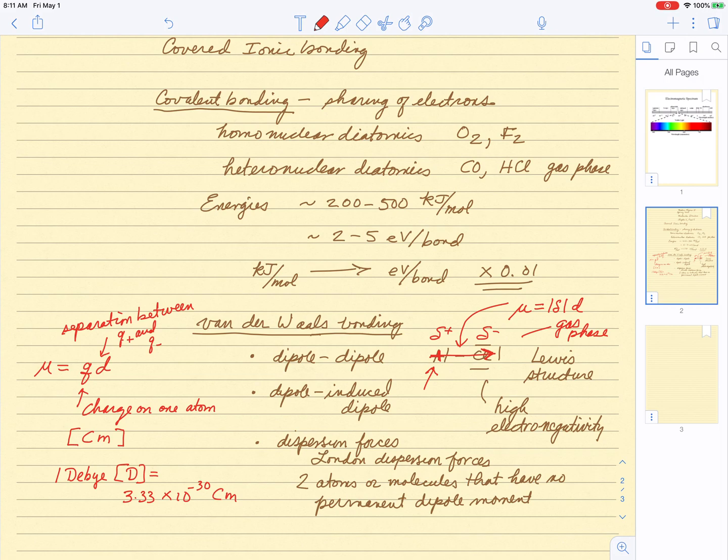Again, that's a nice unit to have stored in the back of your mind. It's easy to remember because it's all threes, right? So 1 debye is 3.33 times 10 to the negative 30 Coulomb meters.